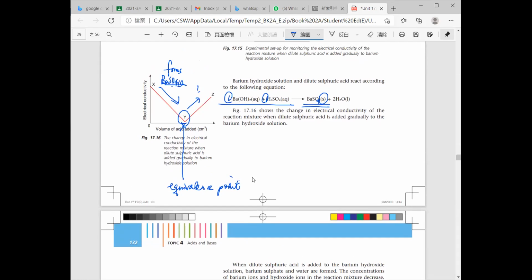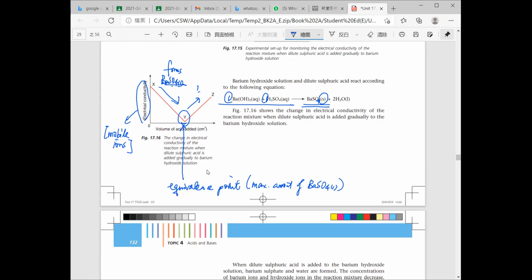So at the equivalence point, what we get is just the maximum amount of barium sulfate formed. Which means that from X to Y, the more acid is added, the more water-insoluble barium sulfate will be formed, and which will make the total mobile ion concentration drop. So remember, this electrical conductivity is related to mobile ion concentration.